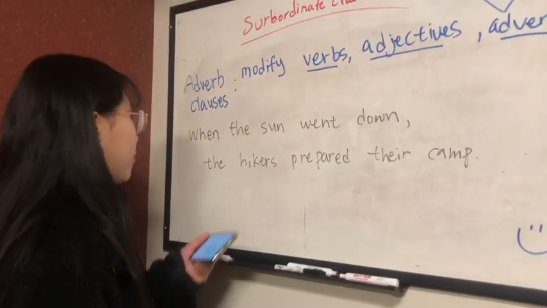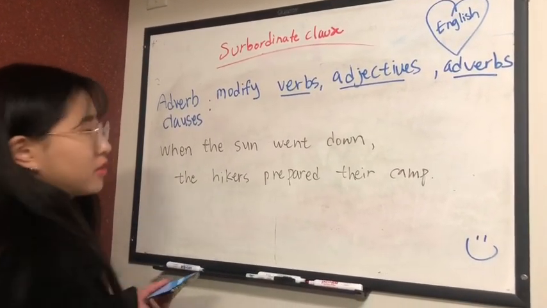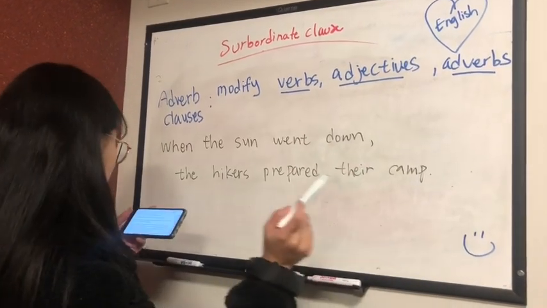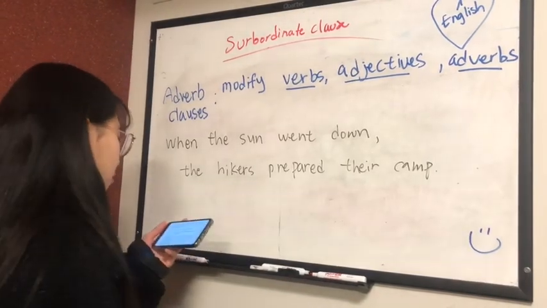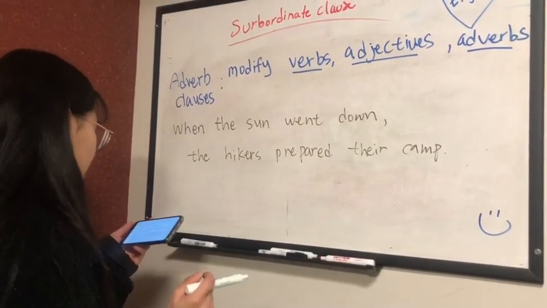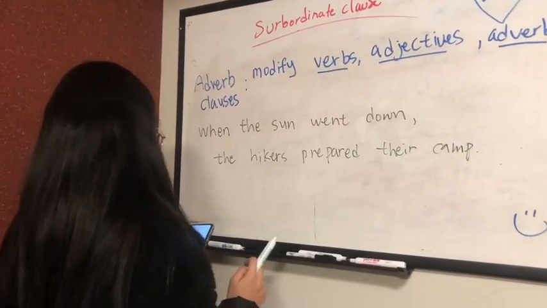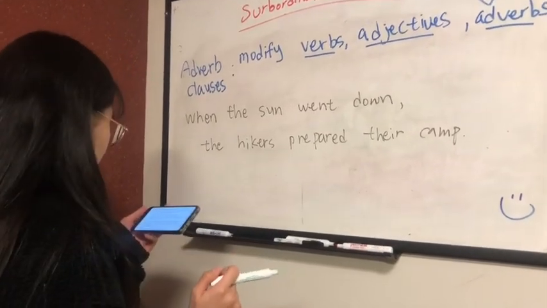Another type of subordinate clause would be adverb clauses. They modify verbs, adjectives, and adverbs. They're called adverb clauses because they work like adverbs in a sentence. They always begin with a subordinating conjunction such as after, although, because, that, though, unless, or when.